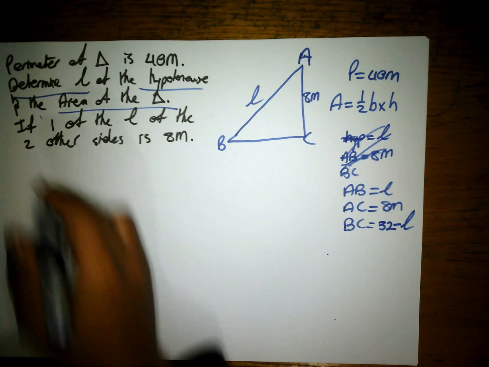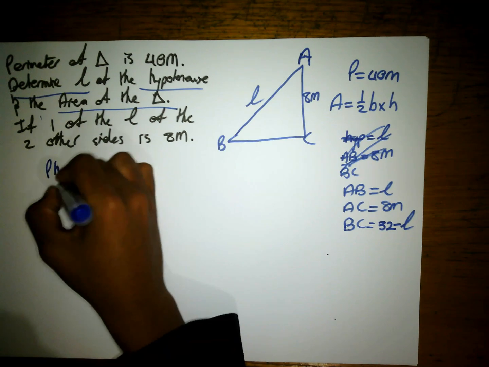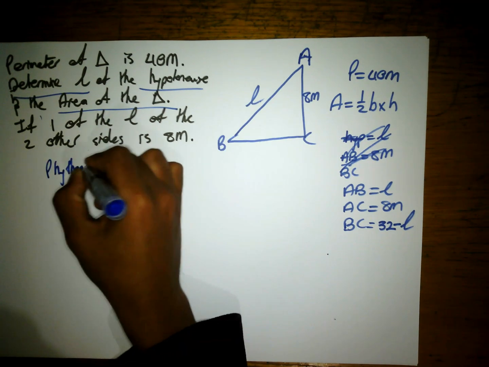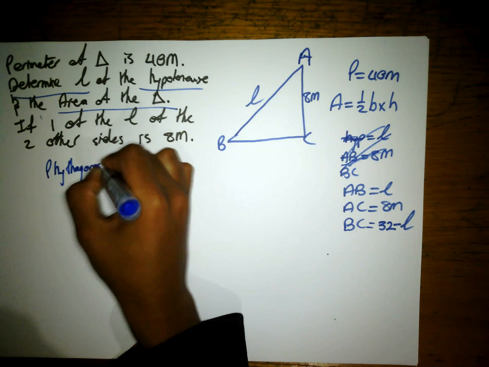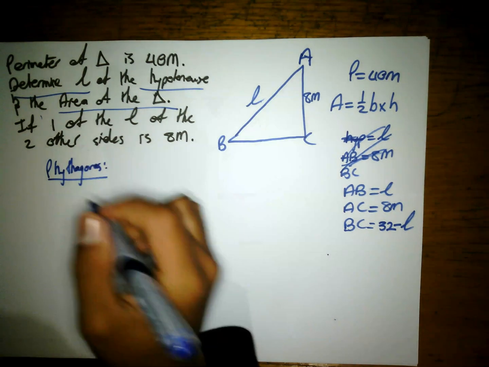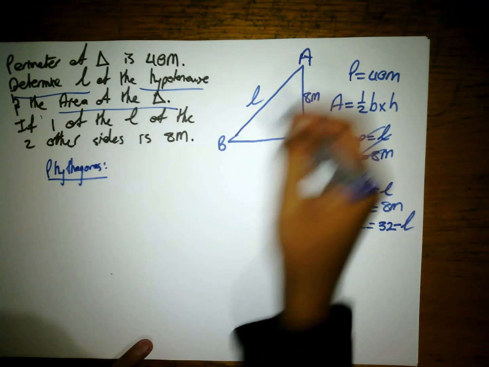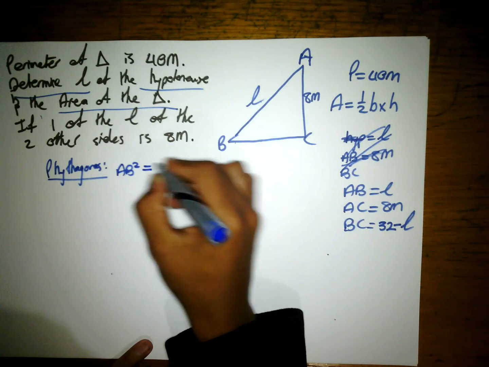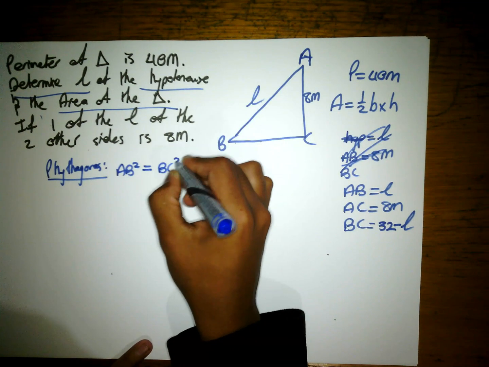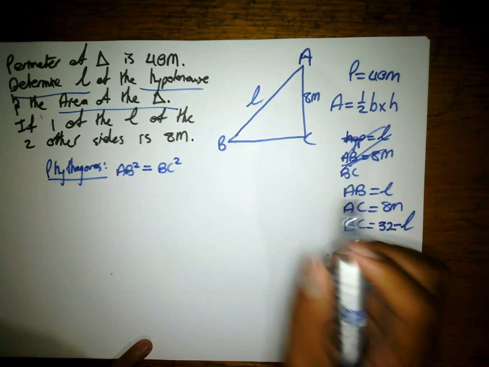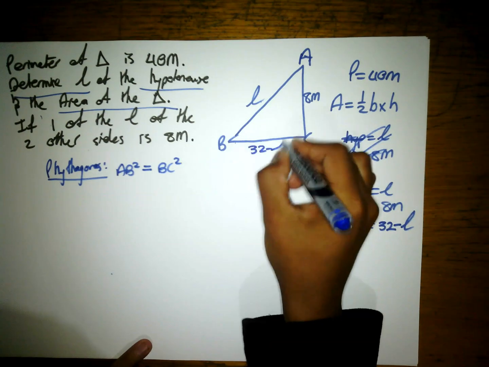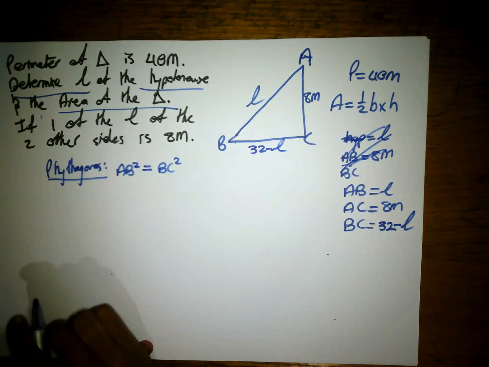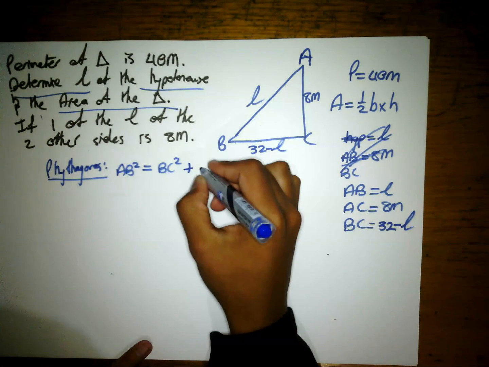Pythagoras, this guy is very famous. So AB squared equals BC squared, which is 32 minus L, plus AC squared.